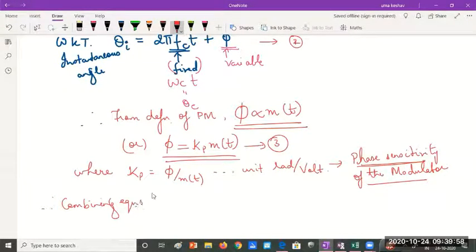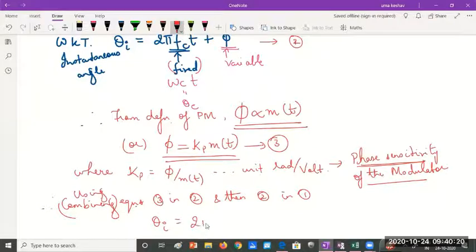Okay. Therefore, now, using equation 3 in 2 and then 2 in 1, what do you get? First you put 3 in equation 2, you get theta i is 2 pi fct plus kp m of t. Correct? For phi, I should replace it with kp m of t.